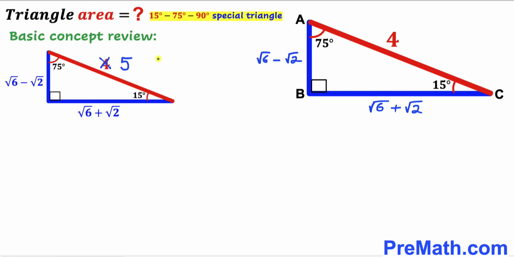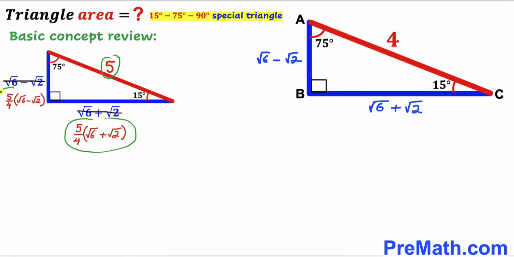Here, 5 is always equal to 4 times 5 divided by 4, isn't it? So our common multiplier is going to be 5 divided by 4. I'm going to multiply this base by 5 divided by 4, and likewise multiply this by 5 divided by 4 as well. So if this hypotenuse is 5, then our other two legs have these new values.